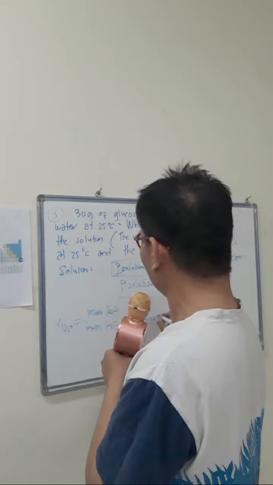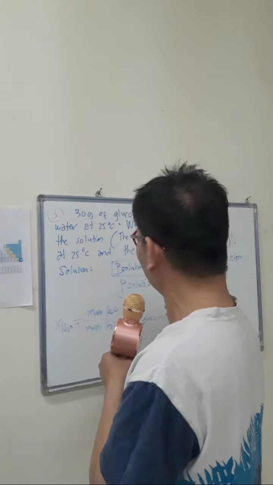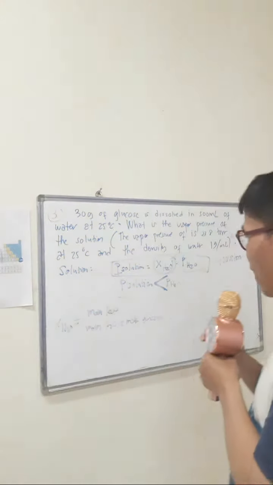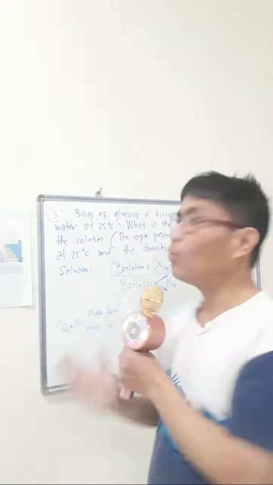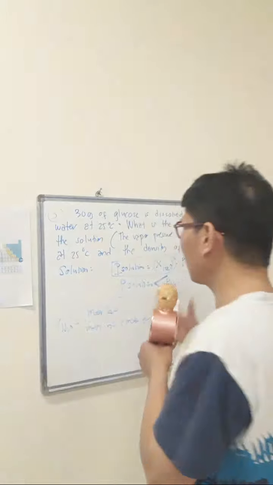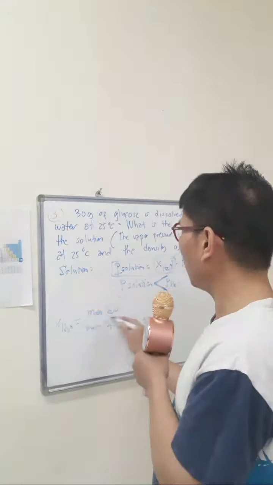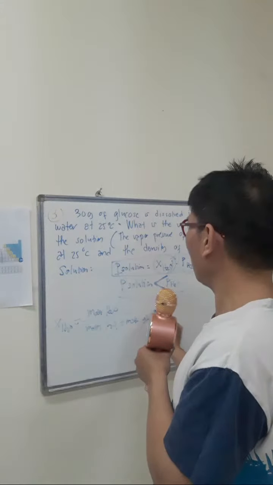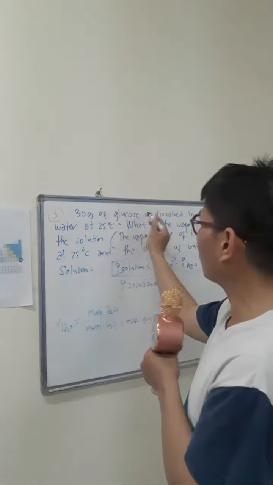Technically, the moles of the glucose plus the moles of the water will be equal to the moles of the entire solution, right? Now do it individually with patience, because it's very tasky. We need to compute for the moles of water and moles of glucose. It's easy to solve first the moles of glucose, because we have 30 grams of glucose.